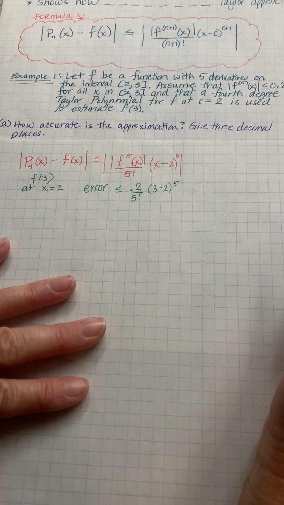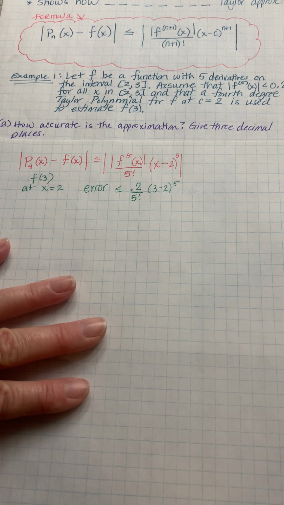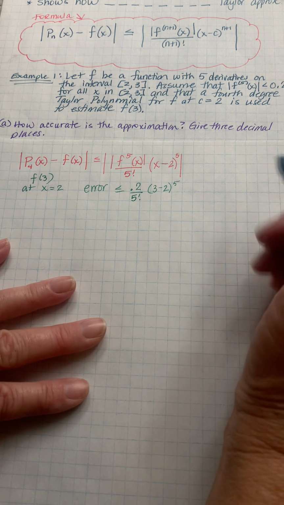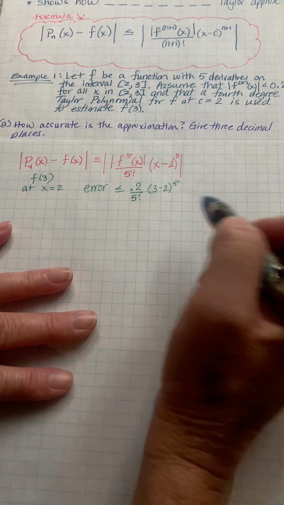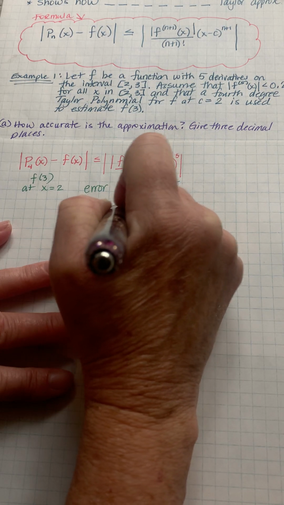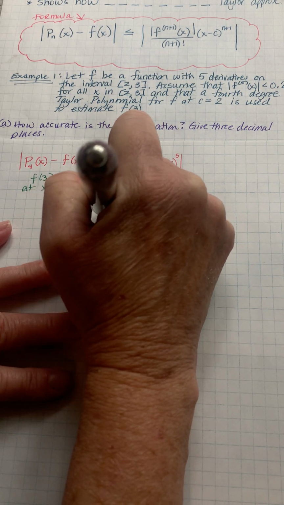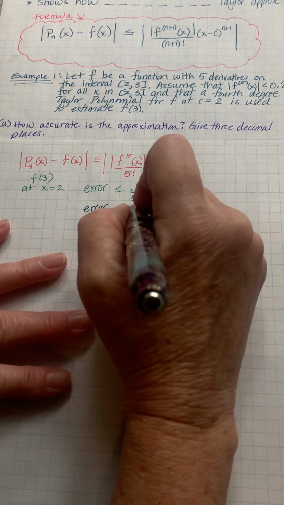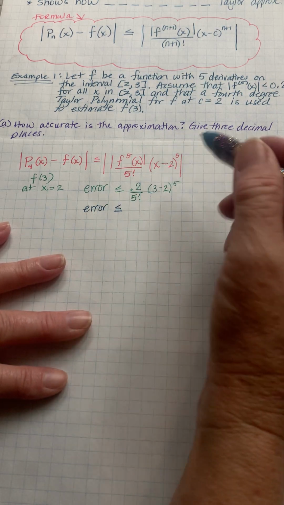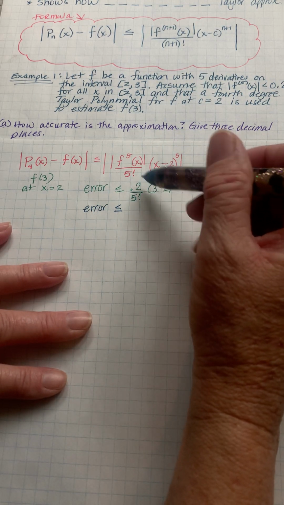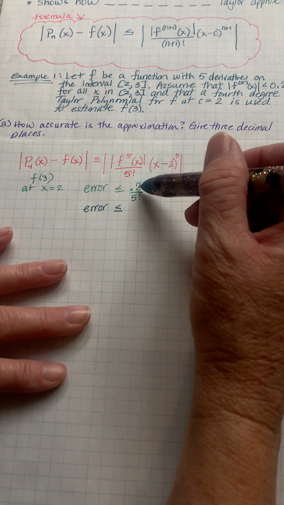So we're going to plug that in. And there's different ways that you can figure this part out. I'm going to put less than or equal to error. 0.2, since there's decimals and fractions, I don't like to mix those. I'm going to change 0.2.